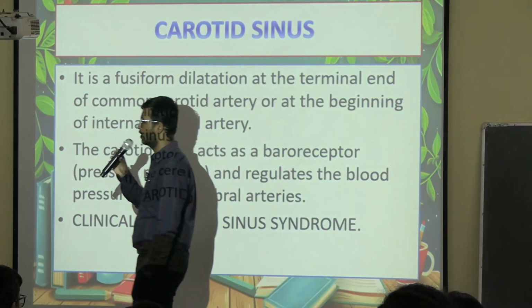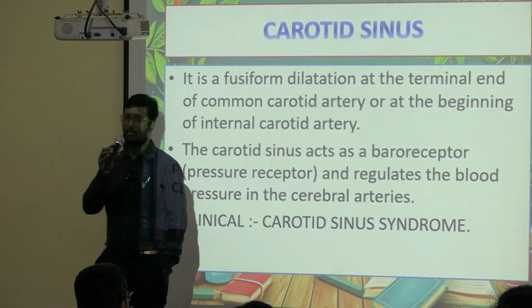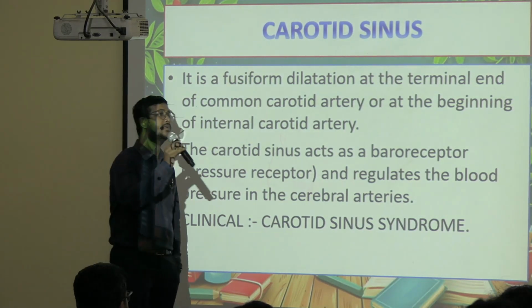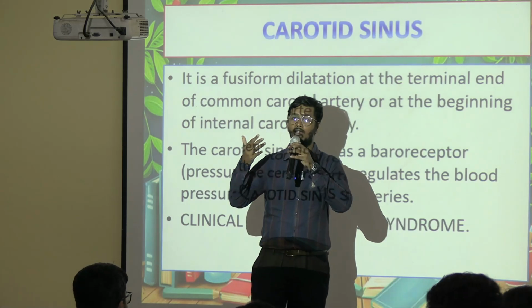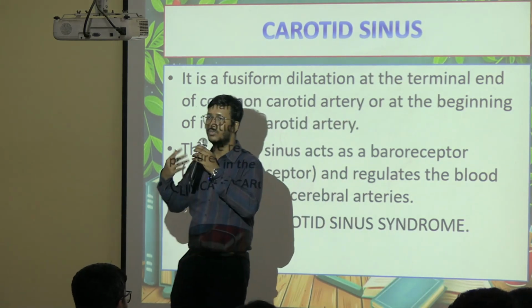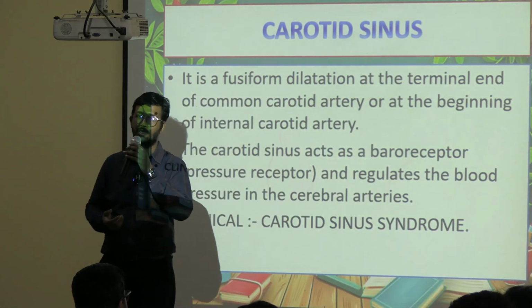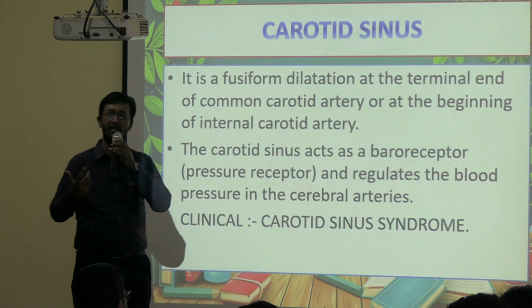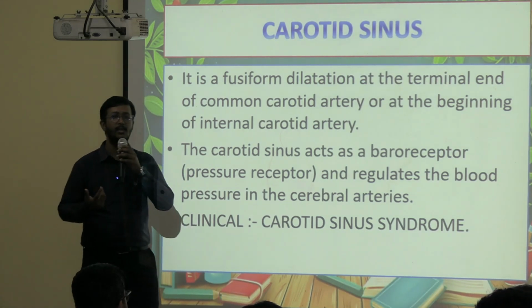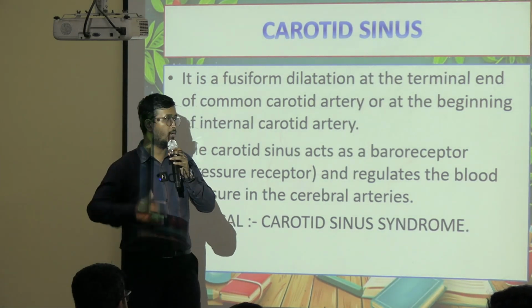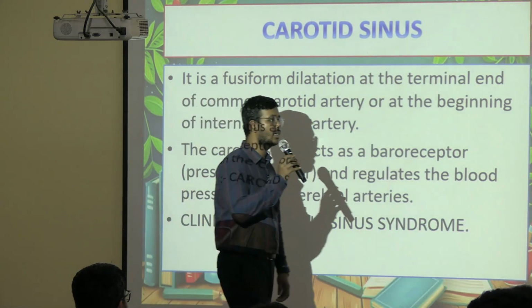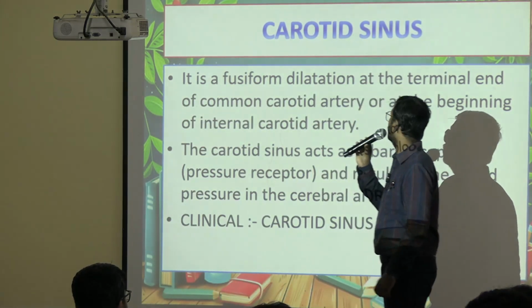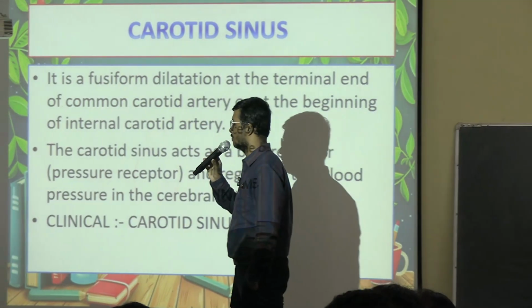It regulates the blood pressure of our body. Whenever there is an increase in blood pressure, our body senses it through these carotid sinus baroreceptors, and it sends a negative signal so that the overall blood pressure reduces. That is the main function of this carotid sinus. Okay, so this is a baroreceptor.